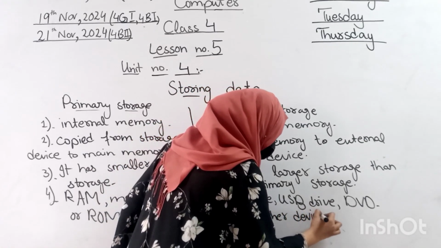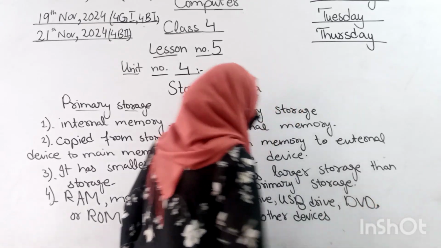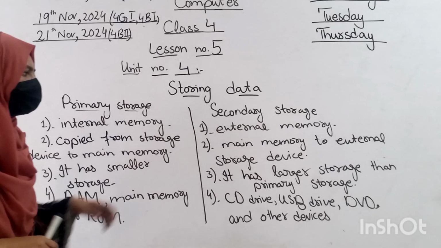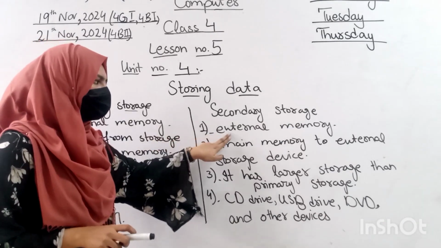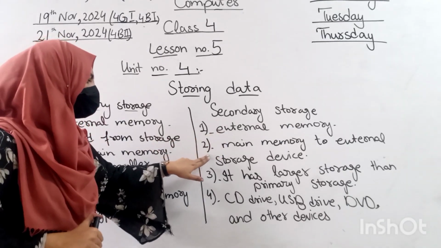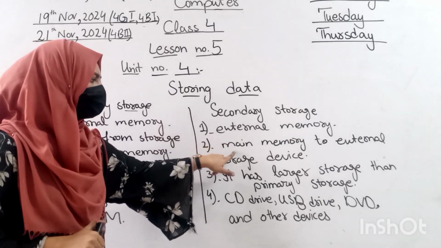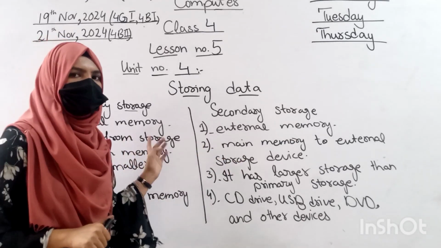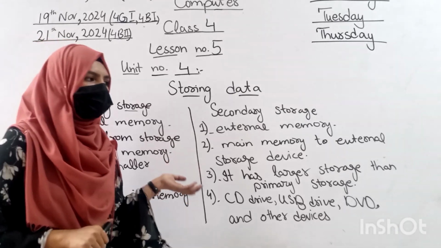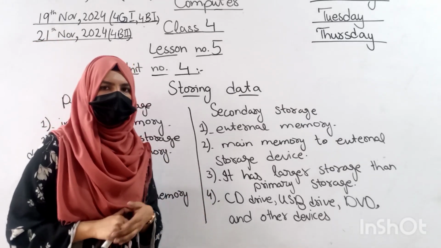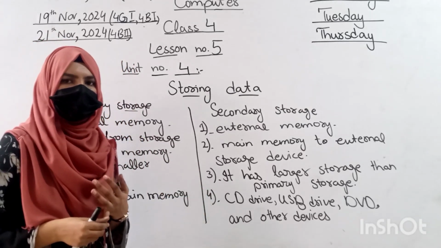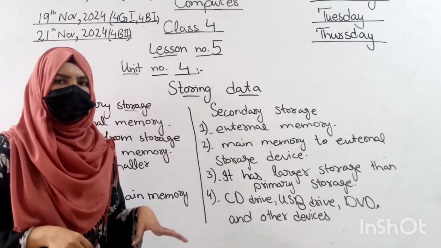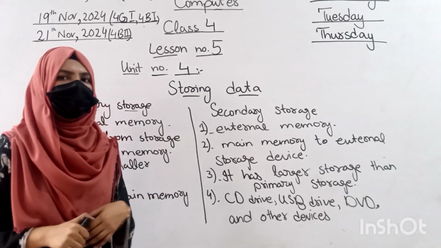These are the examples of secondary storage devices. Secondary storage is the external memory of the computer. It stores data from the main memory of the computer to the external storage device. For example, it can be your USB. You are saving a document from the computer to the USB.